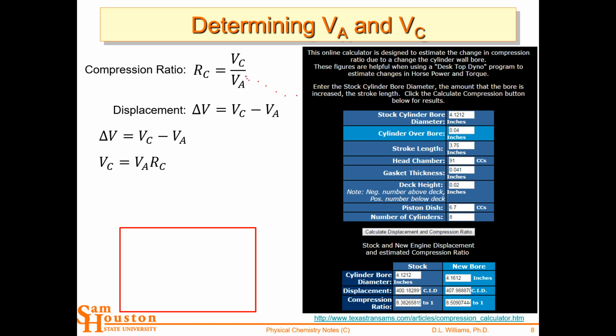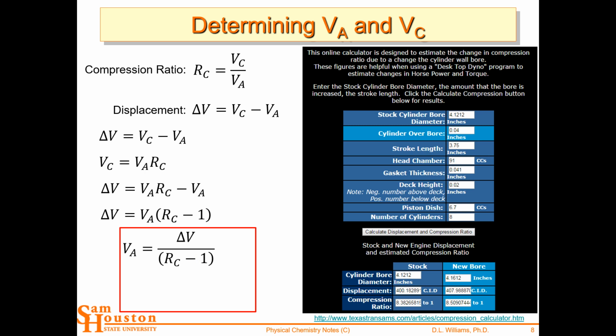So VC is equal to VA times RC. Then you can put this into the displacement equation and solve for VA. VA is delta V, the displacement, divided by the compression ratio minus 1.